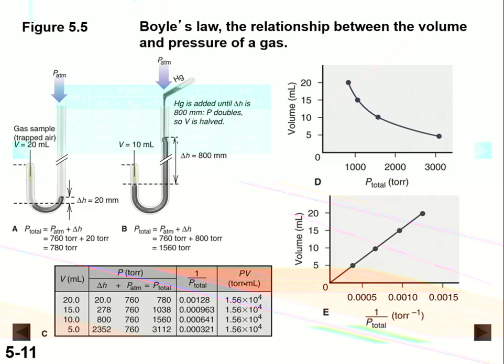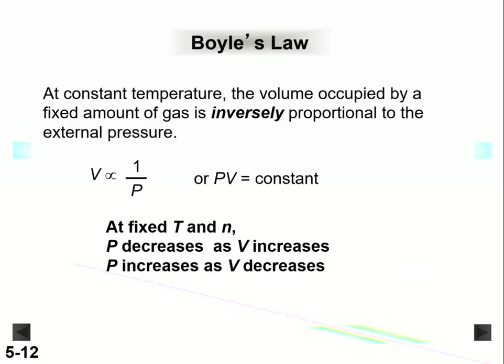And so here are experimental data for a particular measurement, and then these are written on graphs. The upper right-hand graph shows volume versus pressure, and you can see as the pressure goes up, the volume goes down. It's a simple inverse relation. And so if I plot volume versus 1 over pressure, it is a linear relation. And what that tells us then is volume divided by pressure, or volume multiplied by pressure, is a constant, because volume is proportional to 1 over the pressure.